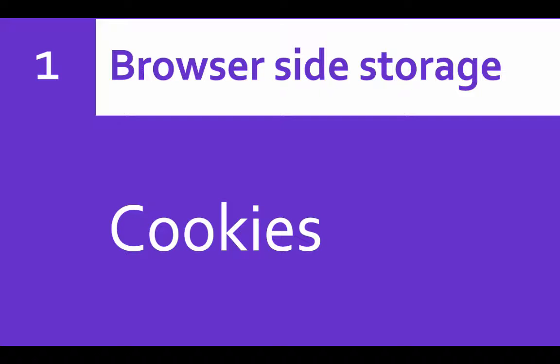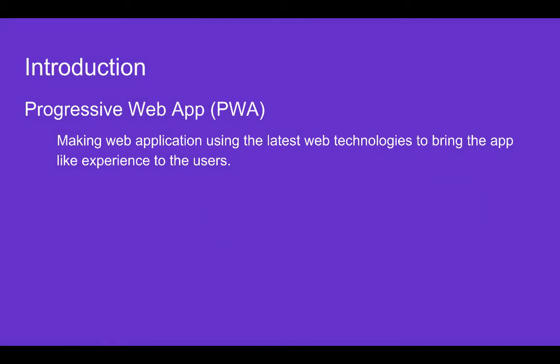Before that, I thought we should know some of the basic concepts that are being used in a progressive web app. If you wonder what a progressive web app is, it's just a web application that uses most of the latest web technologies to give an app-like experience to all the users. When I say app-like experience, what are those?